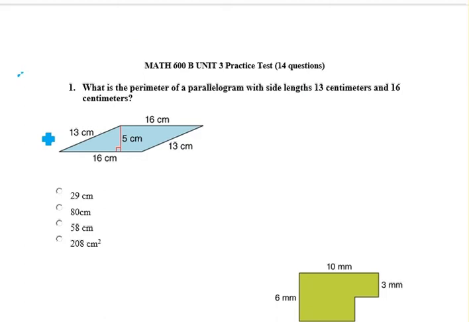And the first is the perimeter. What is the perimeter of the parallelogram with side lengths 13 centimeters and 16 centimeters? The perimeter, that's the outer area.